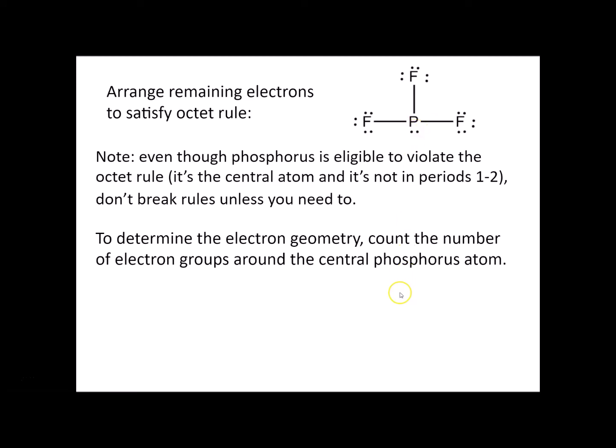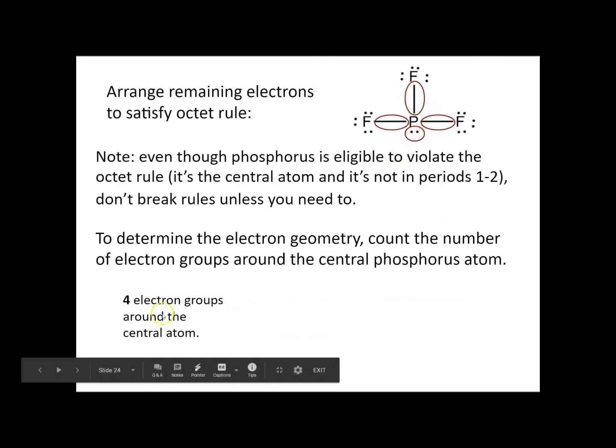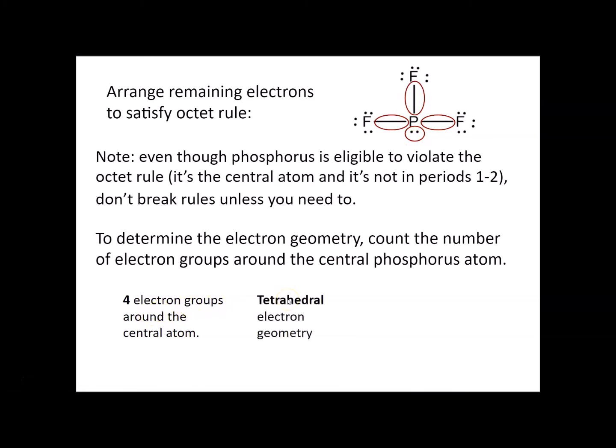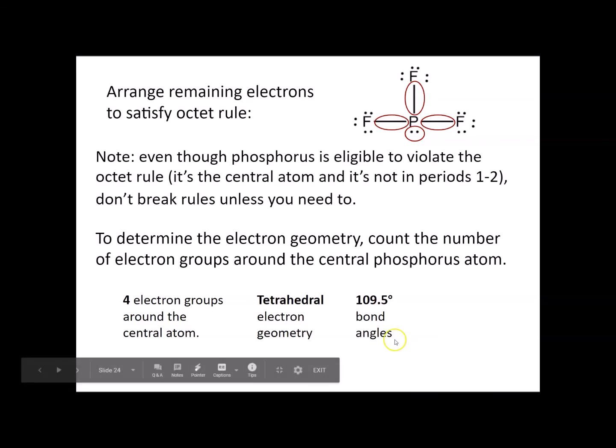Each of those counts as 1 electron group. So that's a total of 4, which of course gives us tetrahedral electron geometry. Bond angles in any tetrahedral electron geometry arrangement are 109.5 degrees.